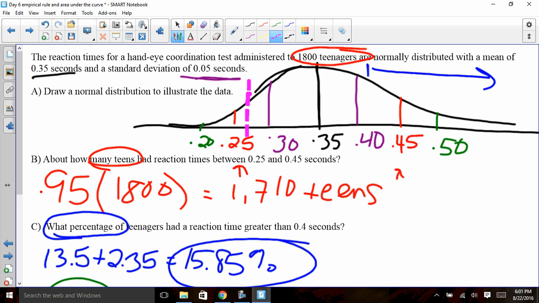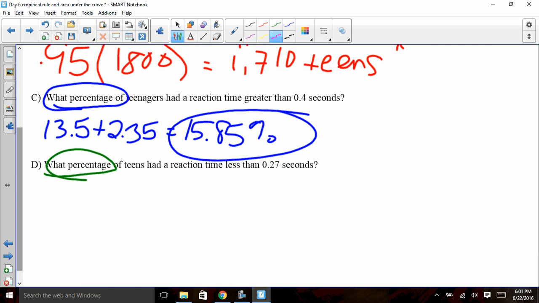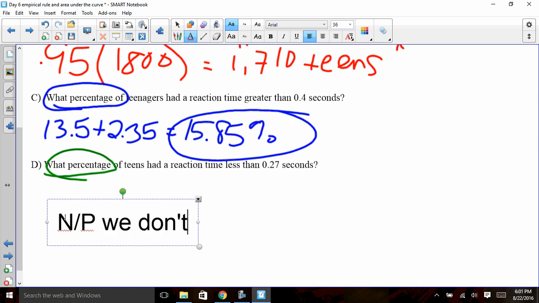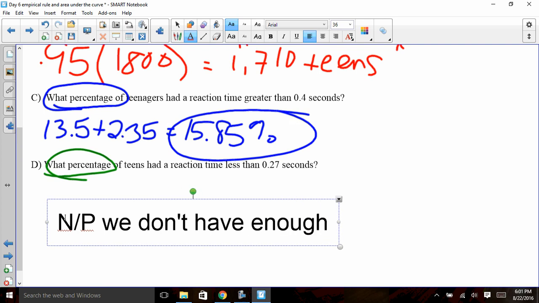It's not a nice pretty answer. So we can't find this out yet. We don't know. No idea on this one. Can't answer. NA. NP, more like not possible. I don't have enough info.